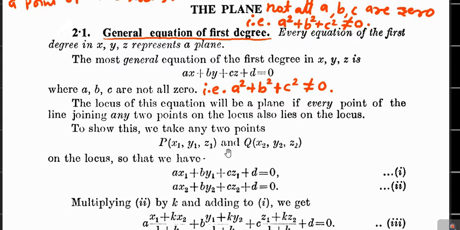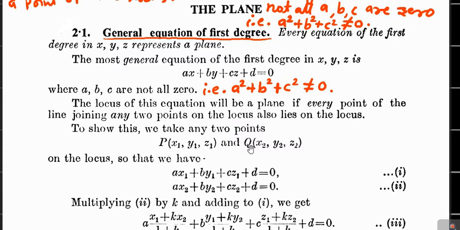As we are supposing that P and Q are points of this locus, the coordinates of these points will satisfy this equation, and therefore we will get a into x1 plus b into y1 plus c into z1 plus d equal to 0, that is, ax1 plus by1 plus cz1 plus d equal to 0.